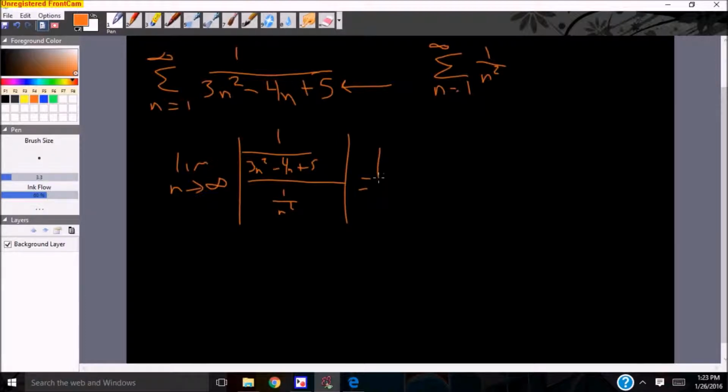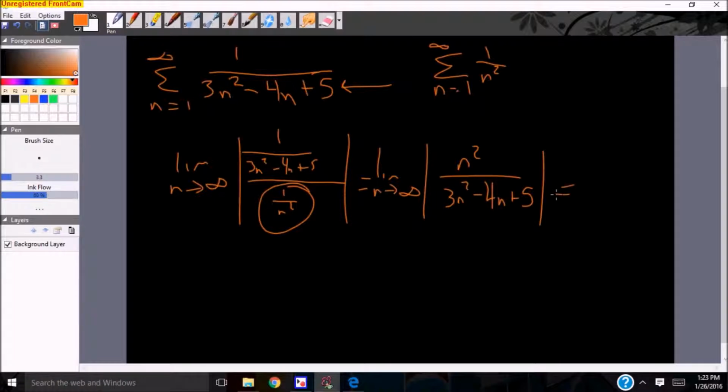This is going to end up being the limit as n goes to infinity of, multiplying by the reciprocal, n squared over 3n squared minus 4n plus 5.